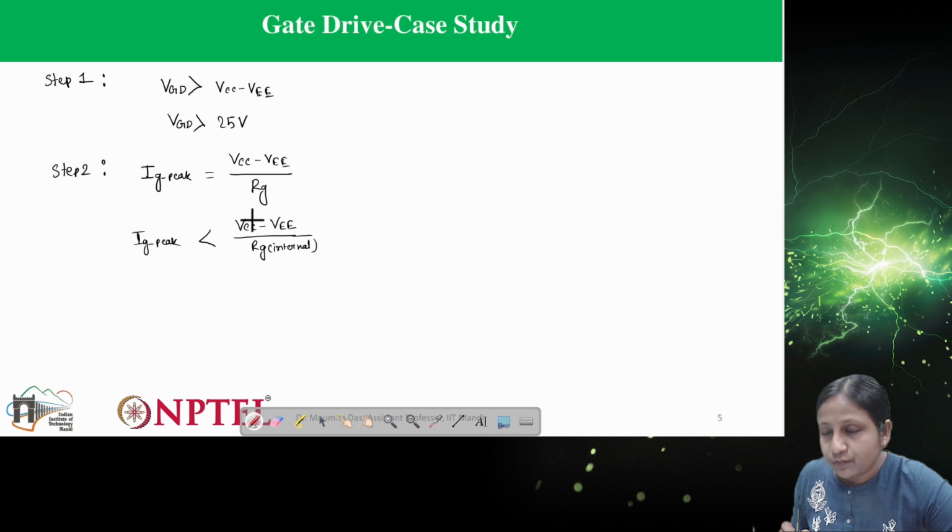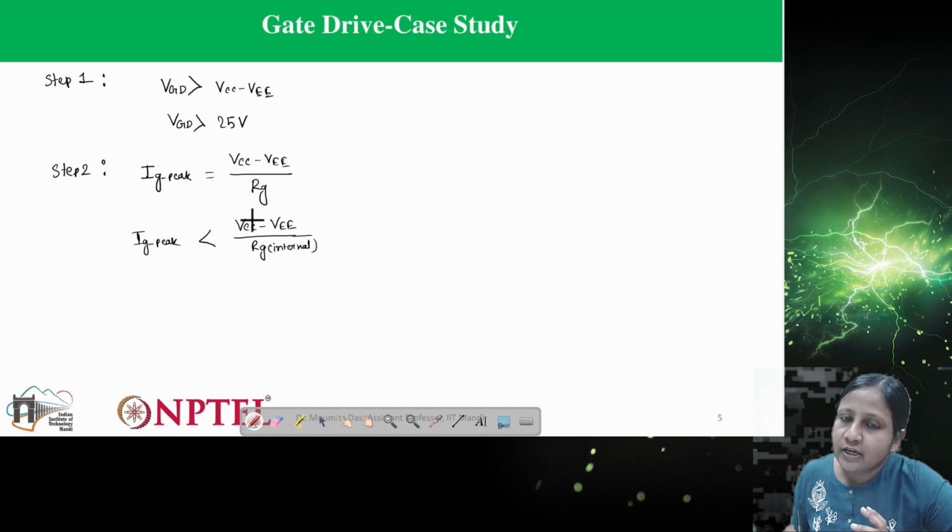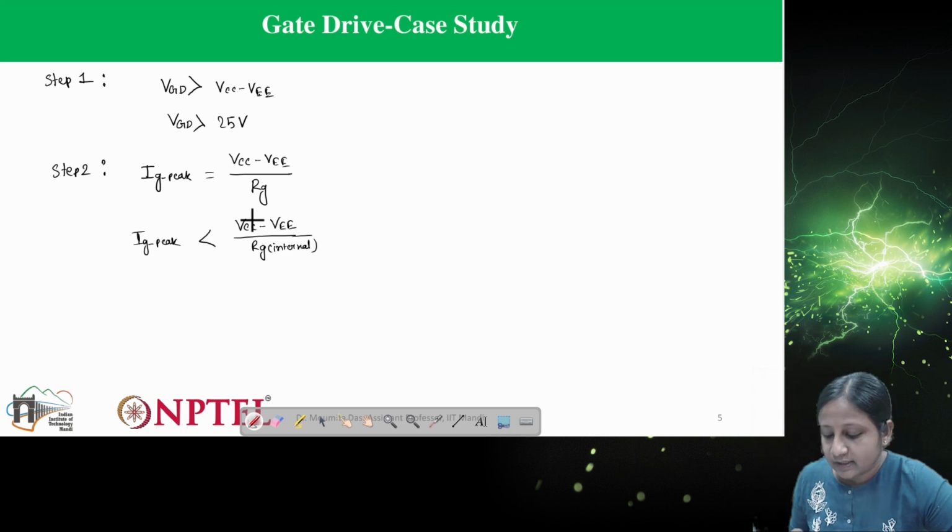So this is the kind of worst condition we can select. So basically if we don't have external resistance, or in the gate drive there is no resistance, then this will be the value of the peak gate current. So once we have this value, we can select any gate drive so that the current rating will be less than this value.